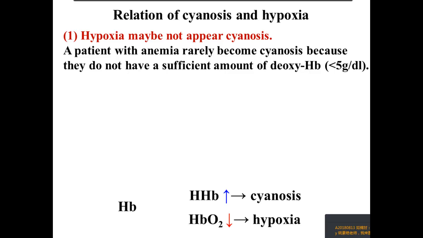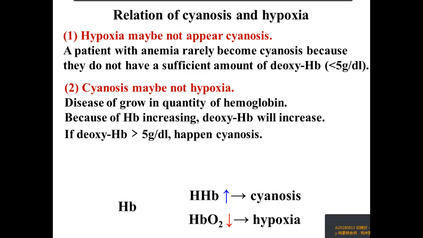Now the second type: there may be cyanosis but no hypoxia. What can lead to it? A disease of growth in quantity of hemoglobin.